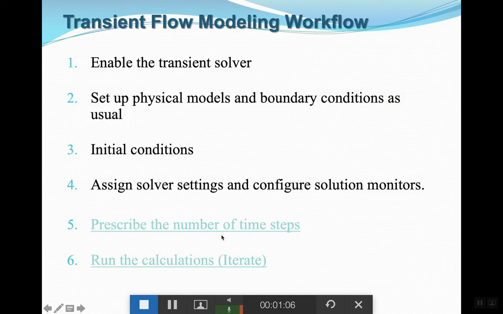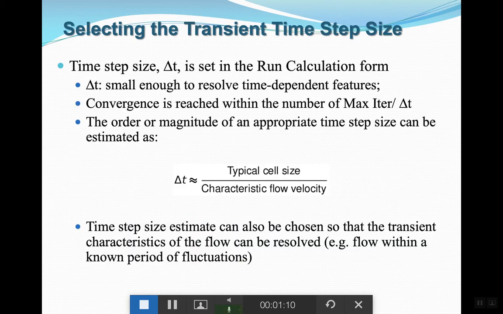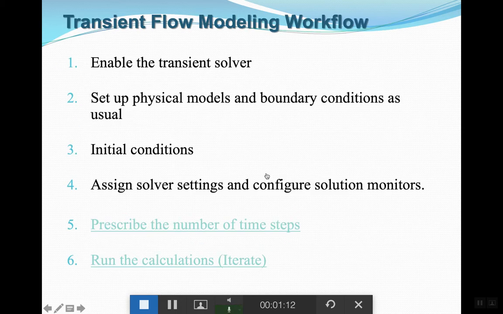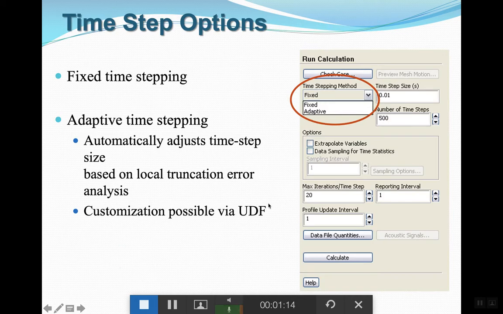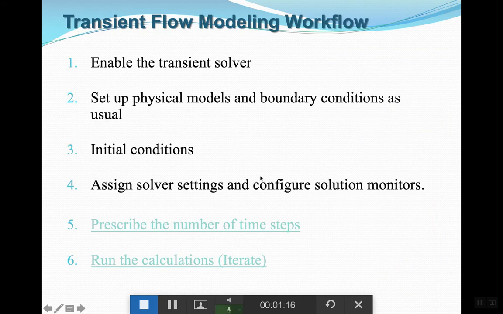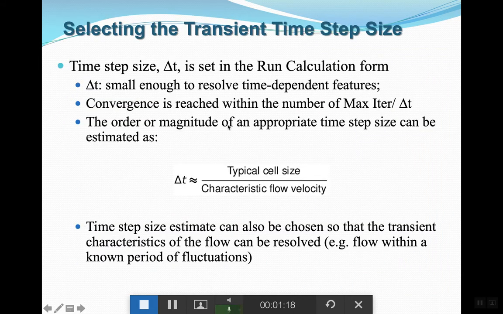So after prescribing the time step, now the question is, what would be your time step size, because that's something we, as the person performing the simulation, have to decide.